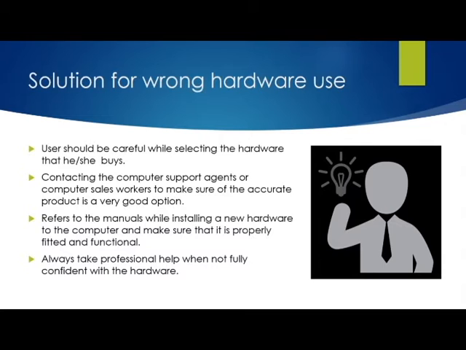Many products now come with manuals which indicate the type of products they support, and with the help of that you can also purchase the supporting products that you might want to use. Always take professional help when not fully confident with the hardware. It is very important to know your stuff. If you don't, please take professional help from a third person.